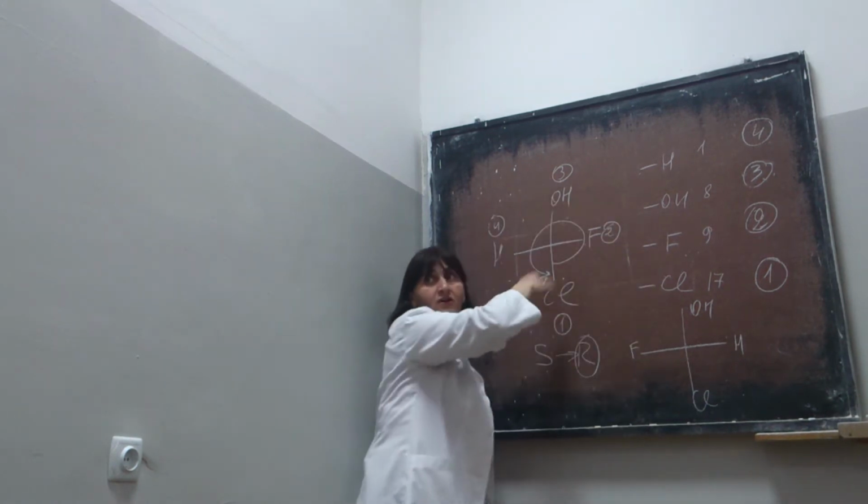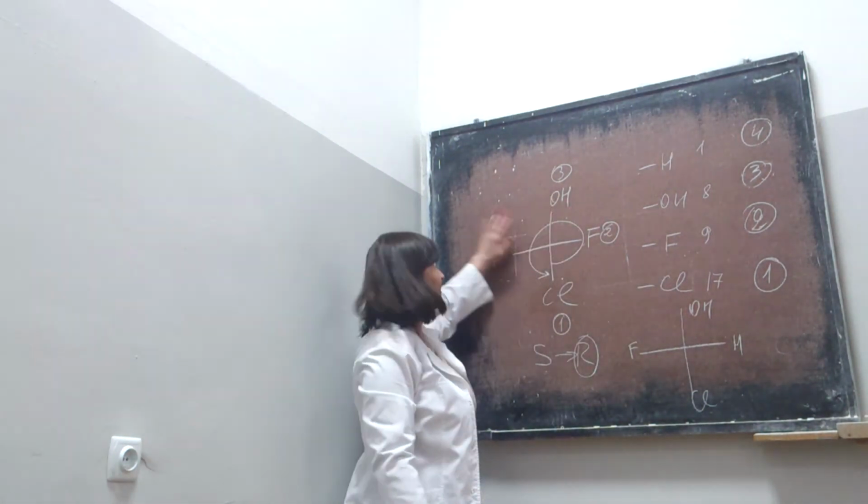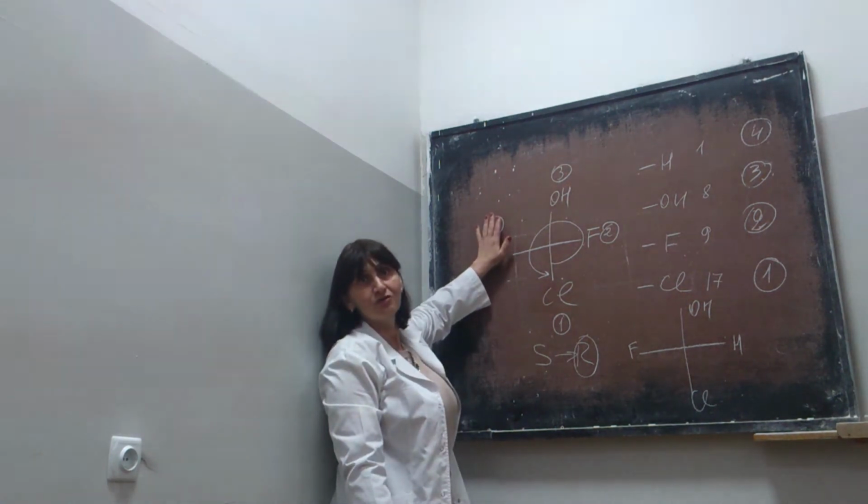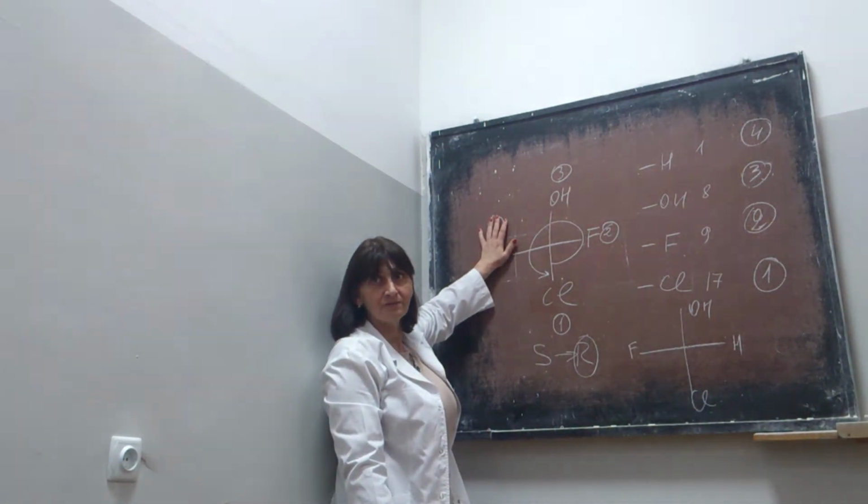After that, write their priority numbers directly on these groups. Don't look at the group which has the lowest priority.